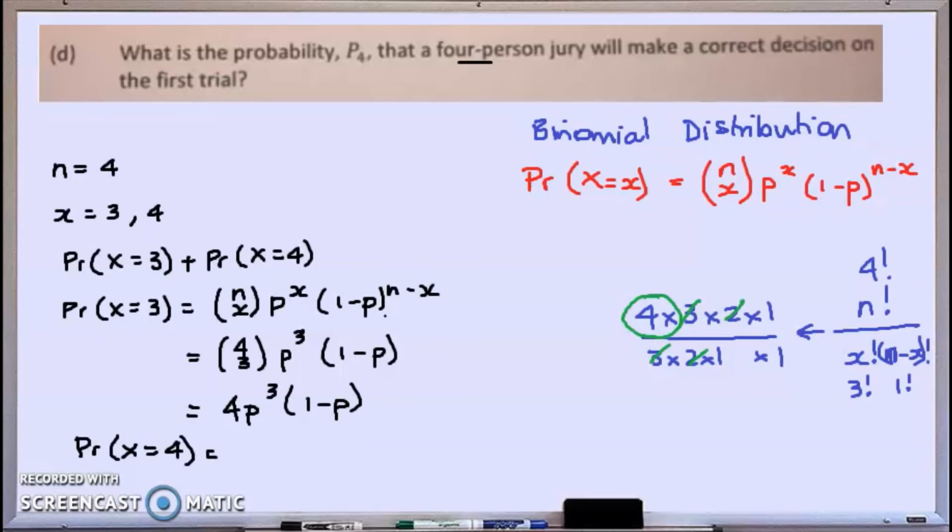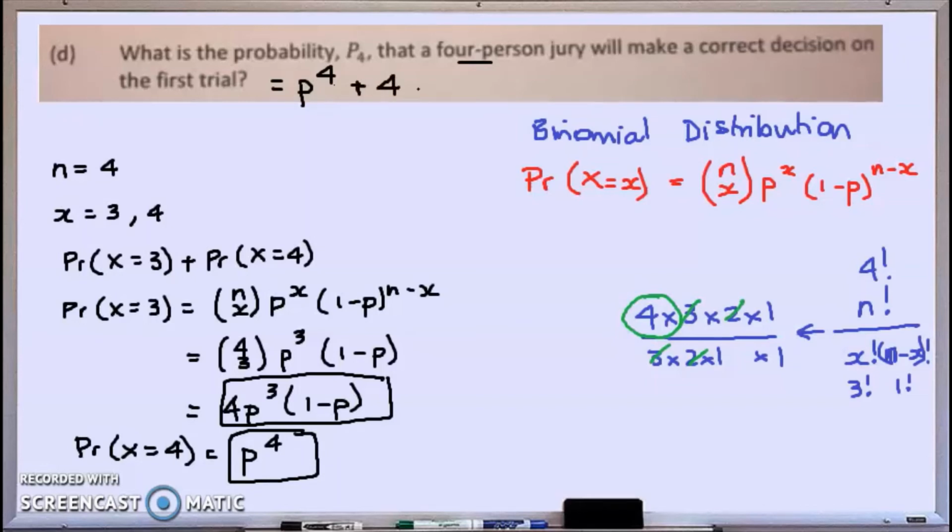So it's p multiplied by p, by p, by p, and that is p to the power of 4. So therefore, the probability that the 4-person jury make a correct decision is this plus this. So therefore, my answer will be p to the power of 4 plus 4p cubed, 1 minus p.